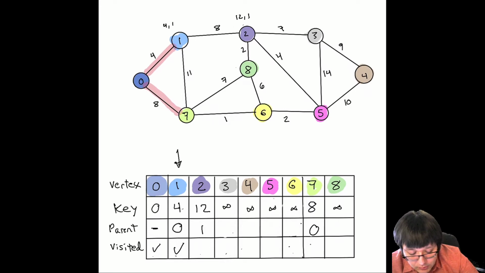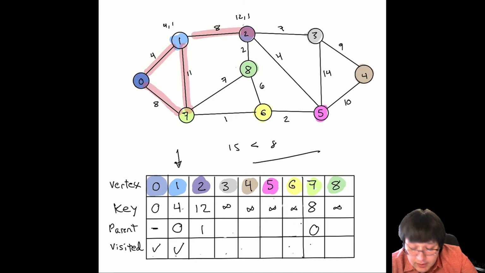All right, so from there we are going to look at the other edge that is connected to that. So that would be this one here, and this one is more interesting because we are going to see if 4 plus 11, which is 15, is smaller than the 8. That of course is not the case, so we are not going to update it. But here's the thing, this is the dynamic programming part.